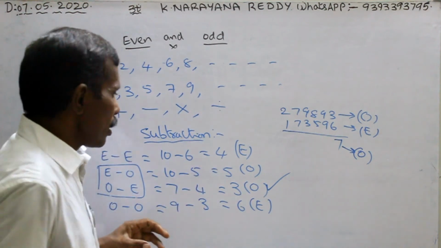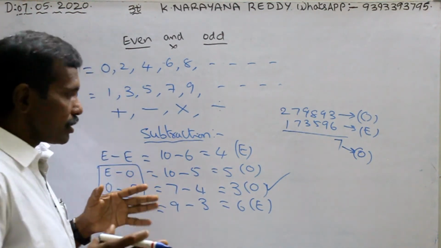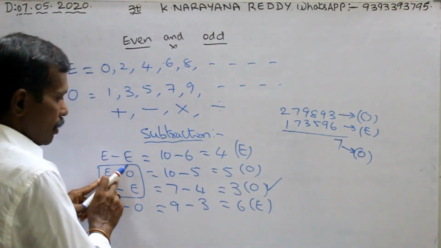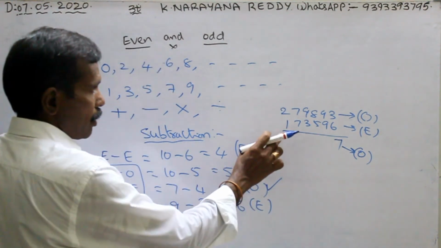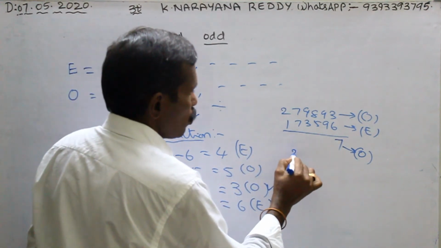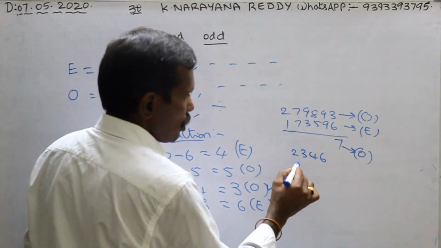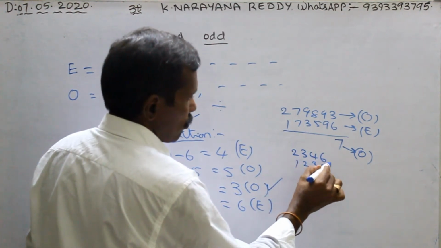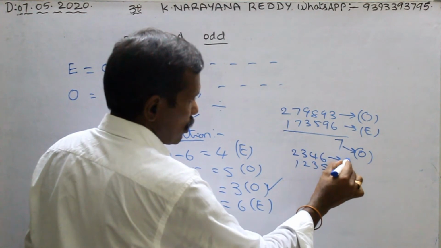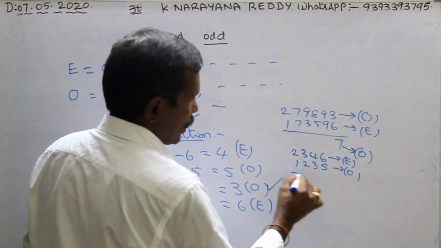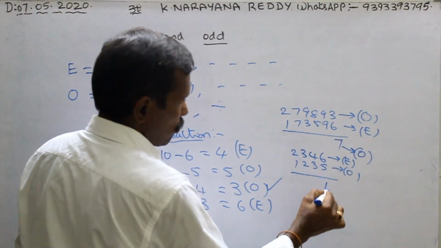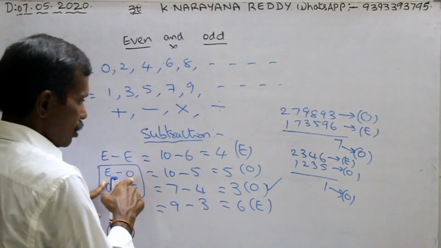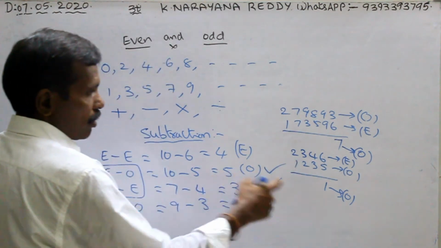So in the same manner we can do the calculation. In this way we can do so many calculations, depending upon its logic. Take another example. Suppose I take even minus odd. Some 2, 3, 4, 6, even minus odd 7, 1, 2, 3, 5. This is even, this is odd. What do you get? 6 minus 5, 1. Is it odd or even? Odd. Even minus odd gives odd.